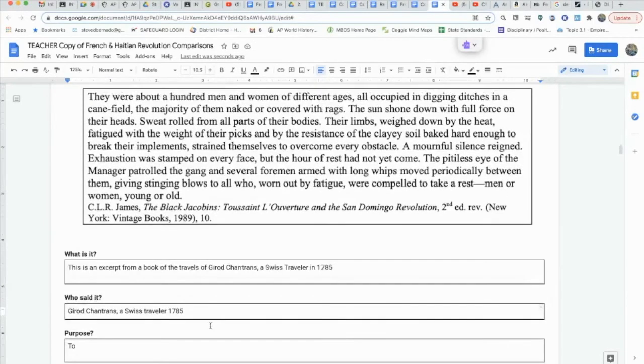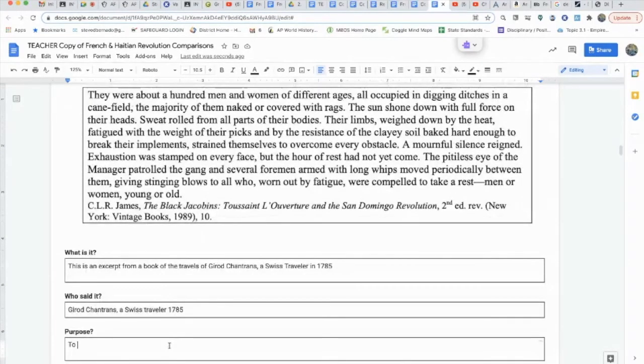What is the purpose? Does Girard want to inform us of what he saw? Does he want to entertain us? I don't think any of this is funny. Does he want to persuade us to believe a version of the truth? Well, I think what he saw is historically accurate. I think this is to inform us, to inform the audience of the experience of Haitian slaves in the cane field.